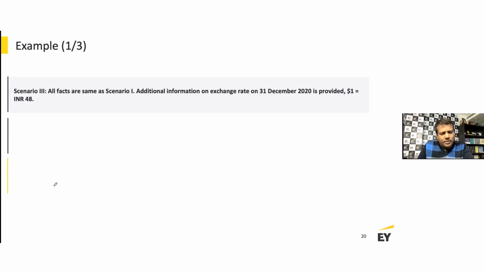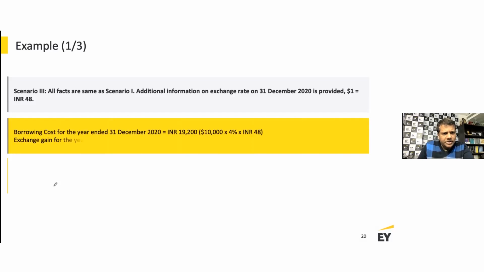So again, I'm going to compute my borrowing cost, which is $10,000 into 4% into 48. That translates to 19,200. And I have an exchange gain for the year. So here, actually, this is for 31st December 2020, right? We were doing it for 31st December 2019, okay?